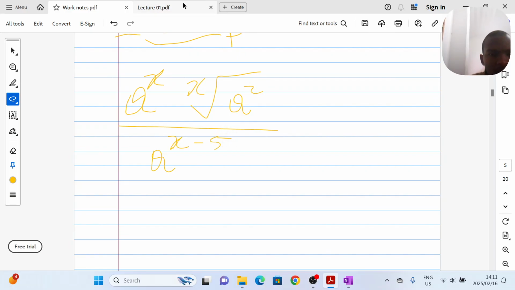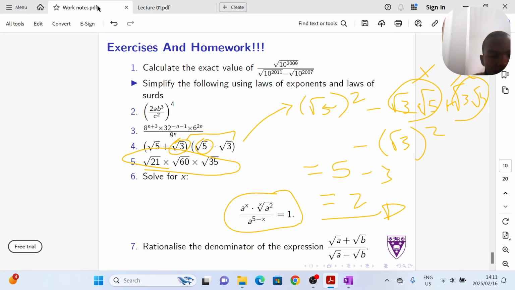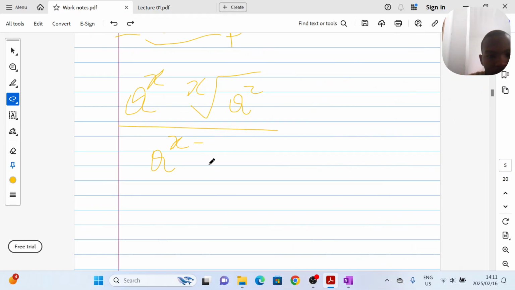Is it x minus 5 or 5 minus x? 5 minus x. So here we have a to the power 5 minus x, and this is equal to 1.